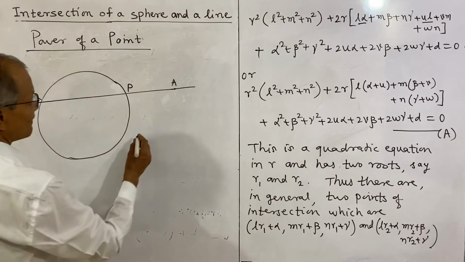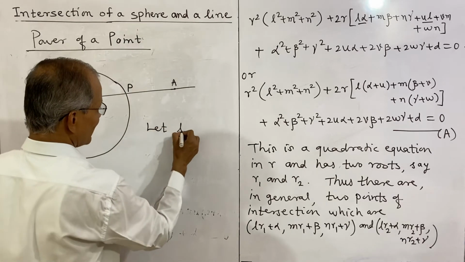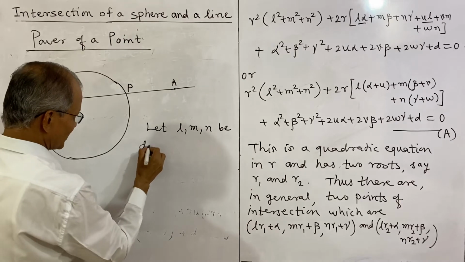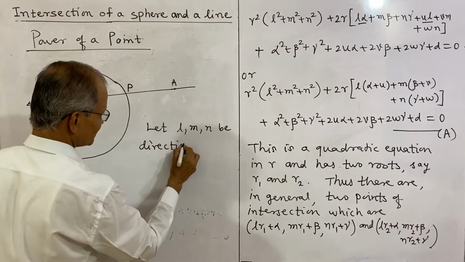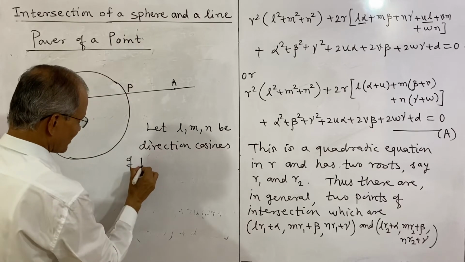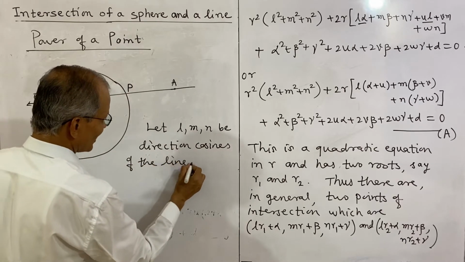Let l, m, n be the direction cosines of the line 2. You refer to the line 2 that we have written earlier.